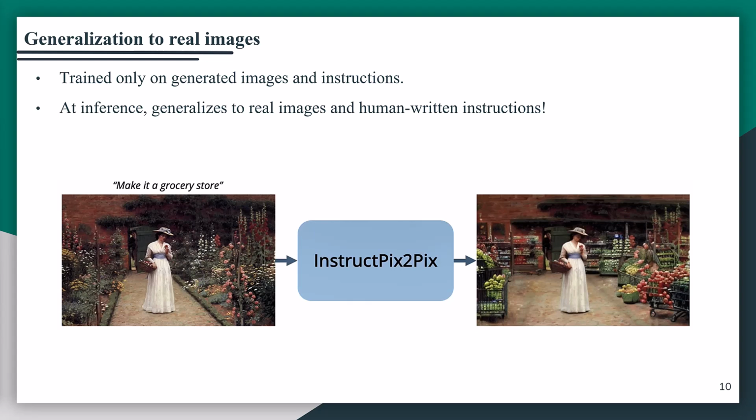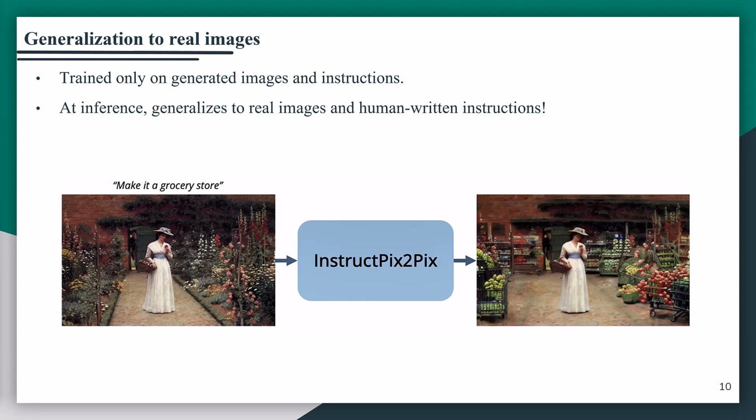Despite this, the model can generalize surprisingly well to real images and real human-written instructions when tested. The generalization shows how effectively the model has learned to interpret and apply diverse editing instructions. This outcome highlights the model's robustness and the power of carefully generated synthetic data in building systems that perform well in real-world applications.